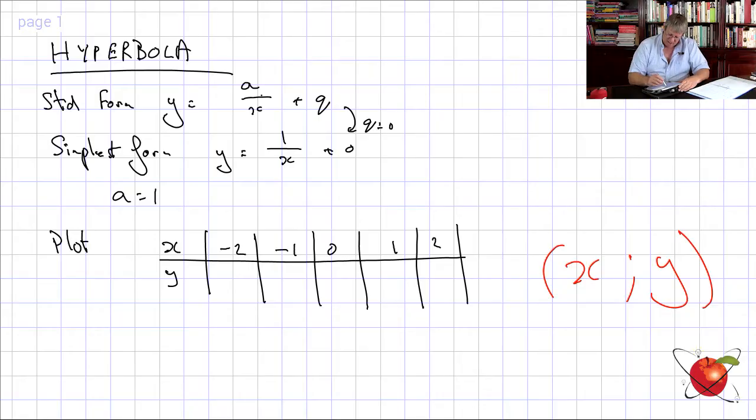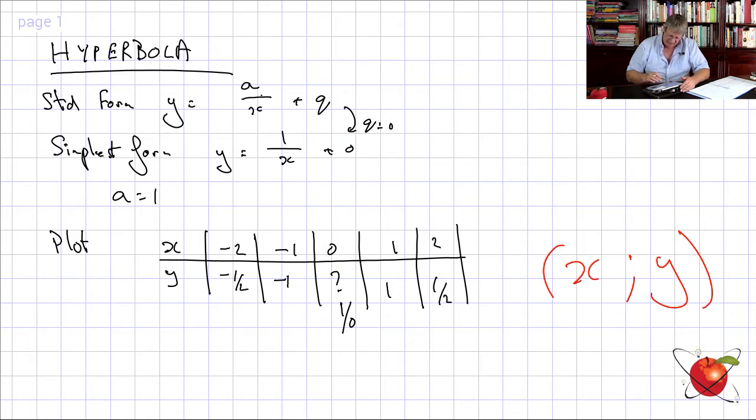Okay, so let's plot. I've done them already. That's going to be -1/2. That's going to be -1. Well, let's just leave that for a second because it's 1 over 0. Let's just have a look at what's happening here.